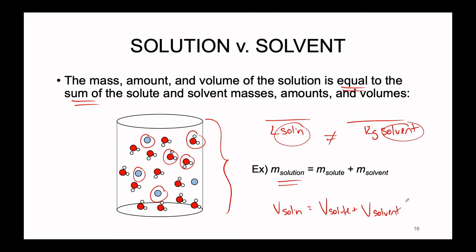And this may seem like a really nitty-gritty detail because most of the time we assume that the solution and the solvent masses, amounts, and volumes are basically equal because solute doesn't actually take up that much space or occupy that high of a concentration in our solutions.